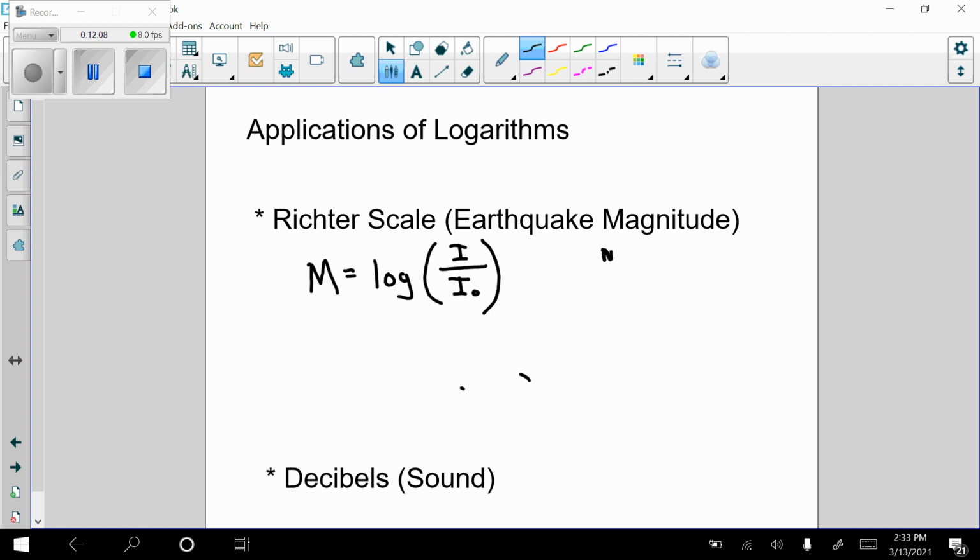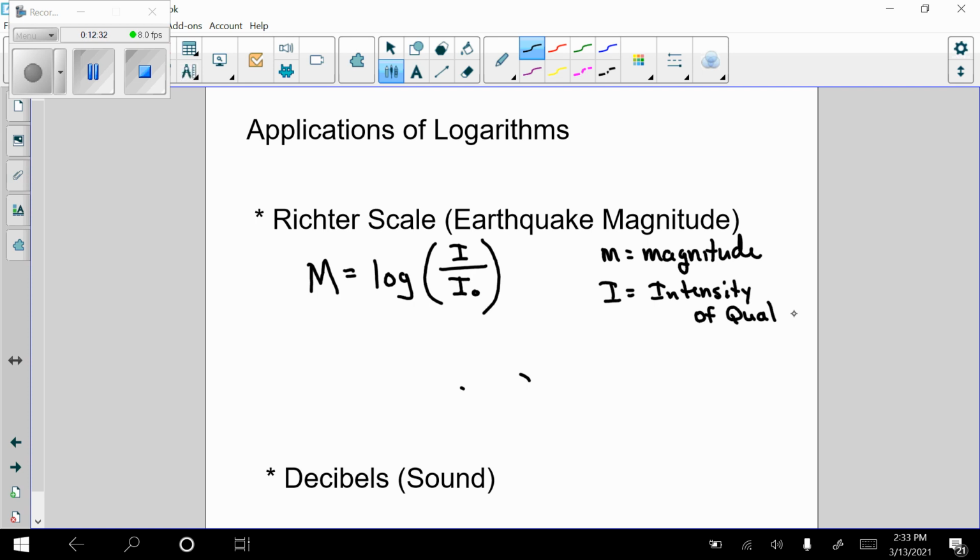So m is the magnitude. That's based on your Richter scale that you've heard a little bit about, I'm sure. This I is the intensity of the earthquake. I'm just going to write quake here.